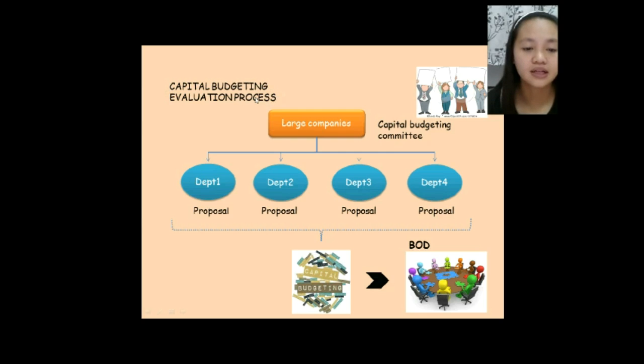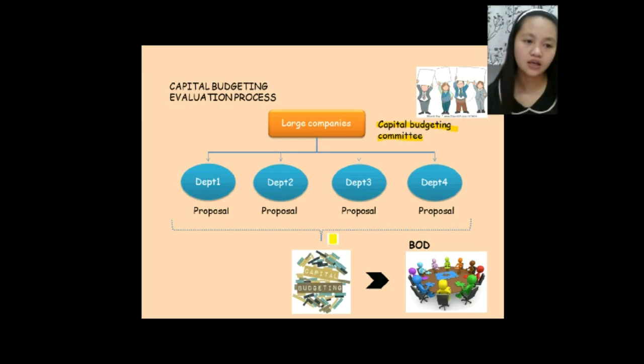Okay. Capital budgeting evaluation process. A large company has its own capital budgeting committee, and in the company there are several departments, for example the finance department, HR department, or service department, and all departments have to do their own proposal minimum once a year.